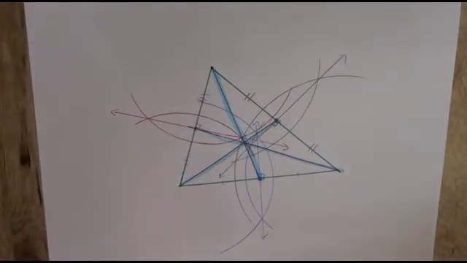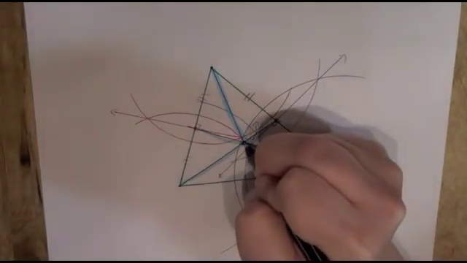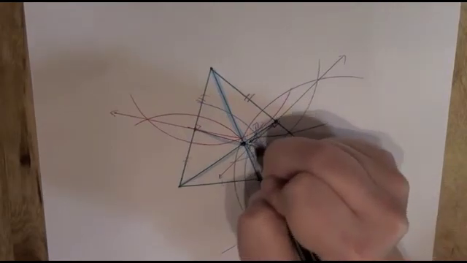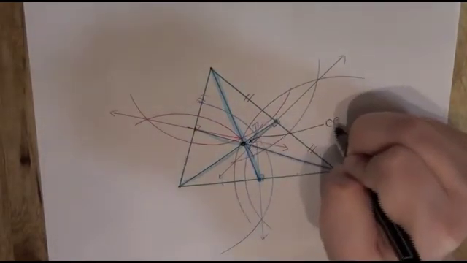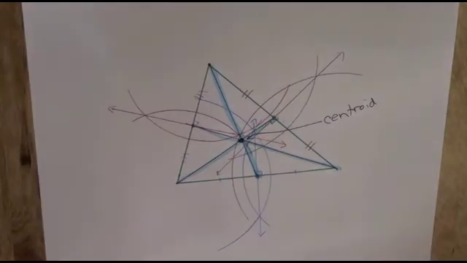And they should all cross at one point, and that one point where they do cross, which happens to be right here, is called the centroid. Your three medians should, when you have all three constructed, cross at exactly one point called the centroid.